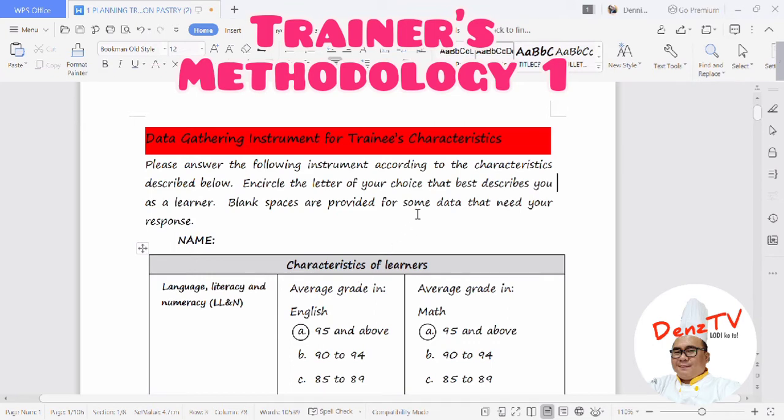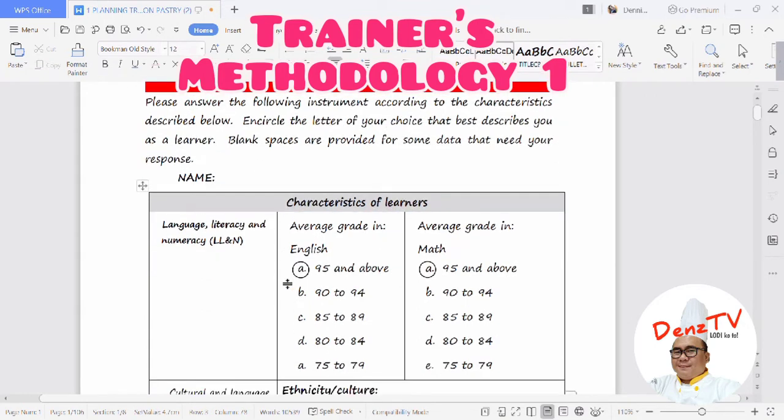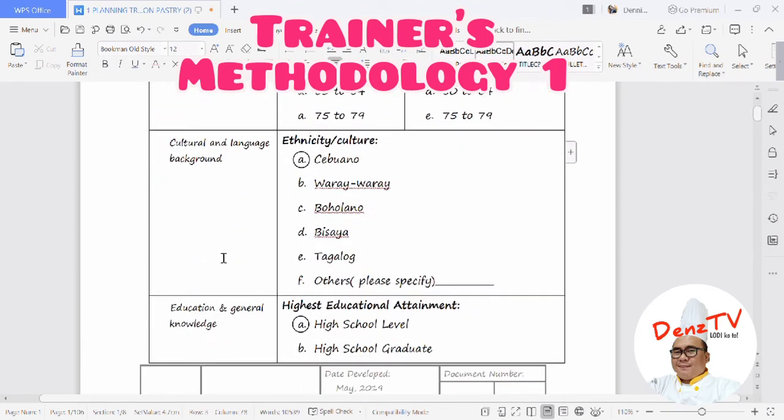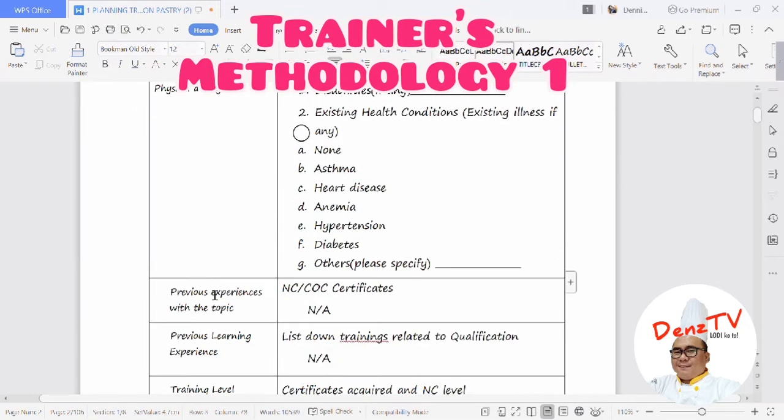If you have noticed, trainees, there is an instruction here. Please answer the following instrument according to the characteristics described below. These are all the characteristics.